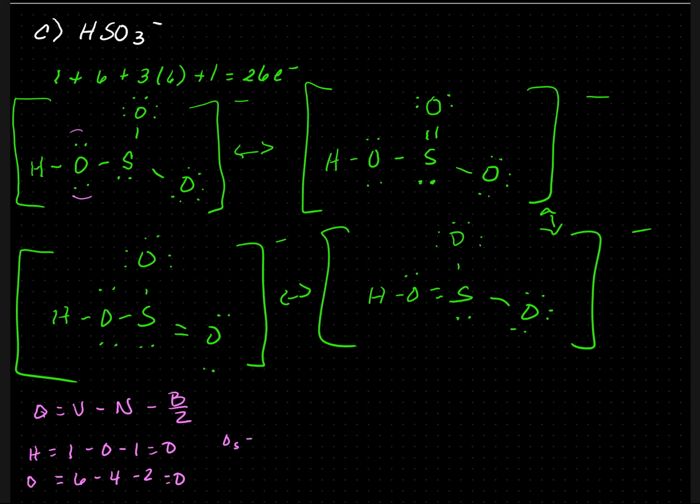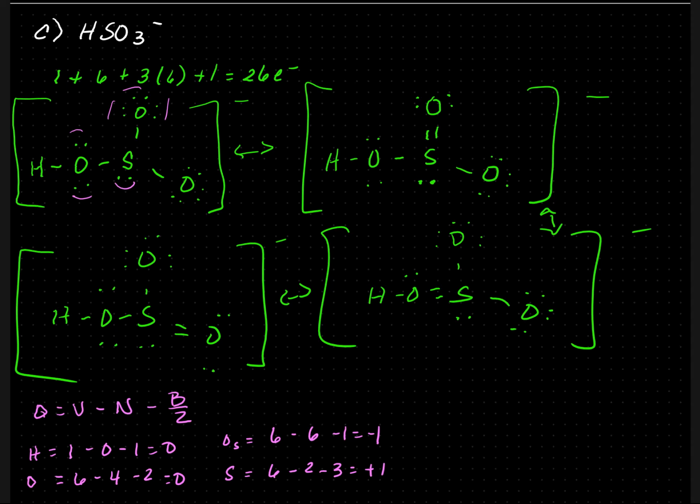The single bonded oxygens have 6 valence minus 6 lone electrons, 2, 4, 6, and 1 bond, so this is a minus 1. The other oxygen is the same. Now we're going to calculate the central atom sulfur. 6 valence minus 2 lone electrons from here. It has 3 bonds. This has a plus 1.